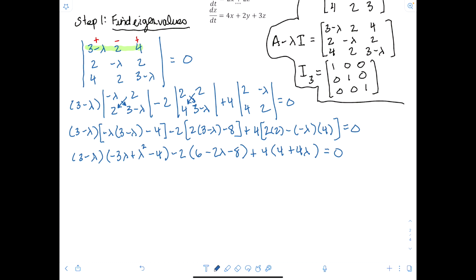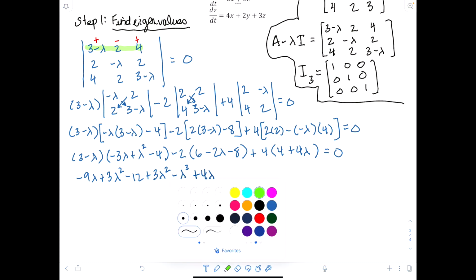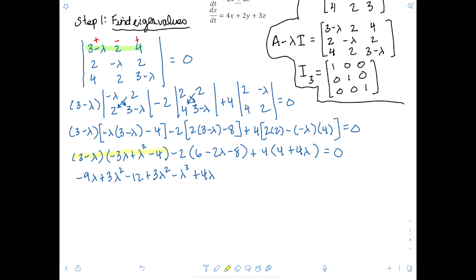So we'll get negative 9 lambda plus 3 lambda squared minus 12 plus 3 lambda squared again minus lambda cubed and then plus 4 lambda. So all of this is all of this.